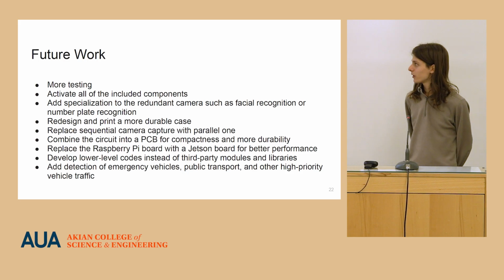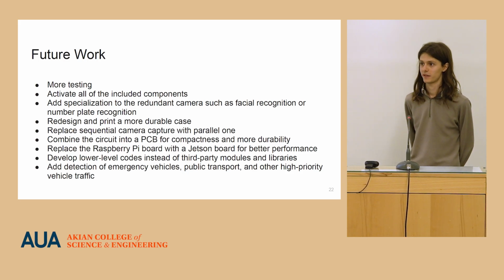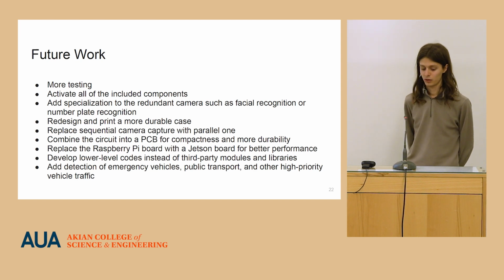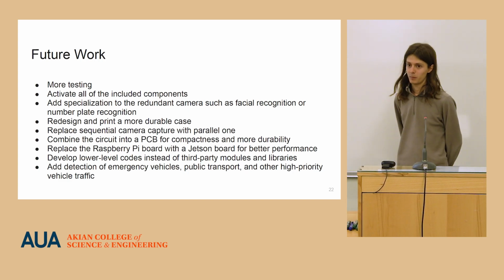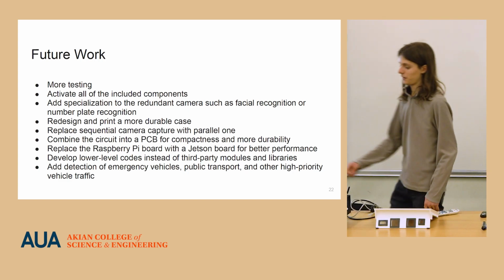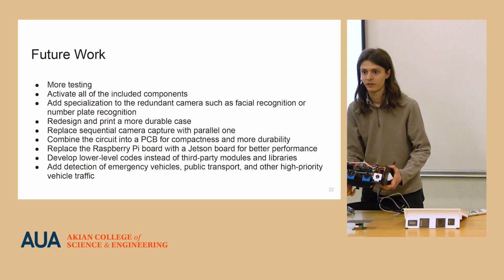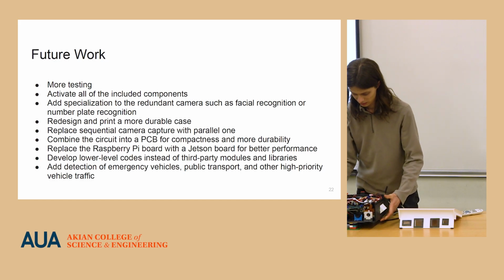So for future work, first is to do more testing, because very rough testing was done. And the second thing is to activate all of the included components, because some of the components, which I haven't talked about, are not activated. Mainly it is a LiDAR, which is sitting right here, and a millimeter wave radar, which is sitting right here for pedestrian detection.